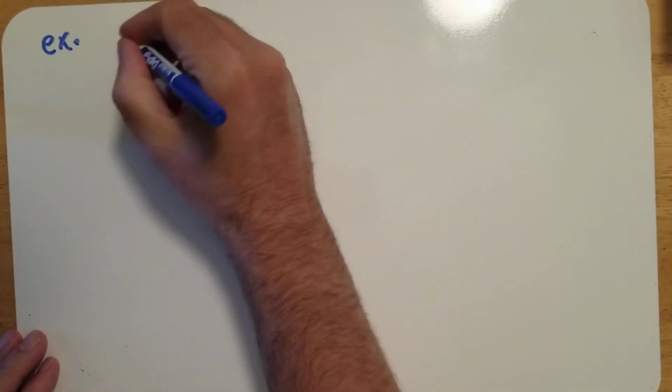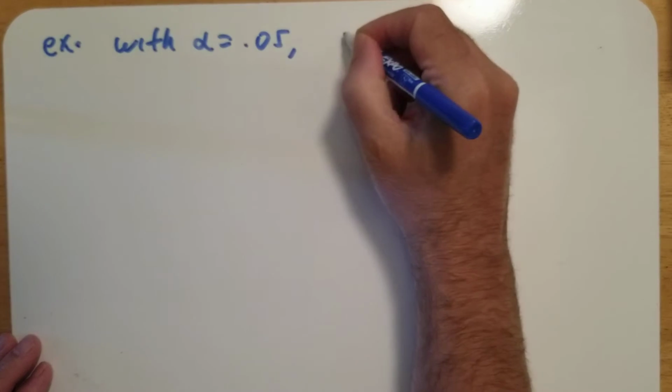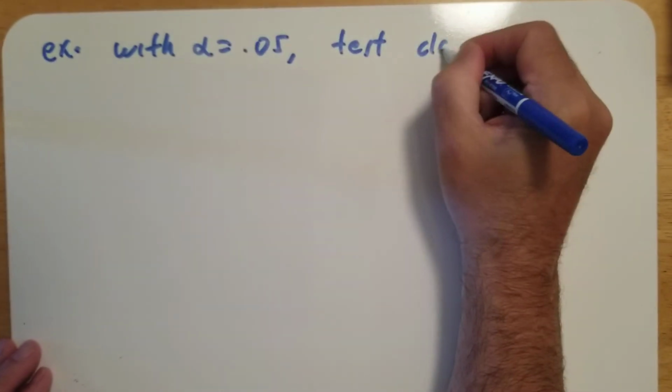So here's another example with alpha equals 0.05. Test the claim.